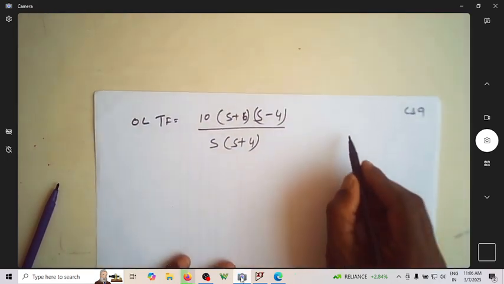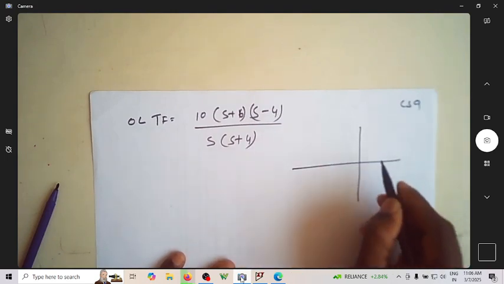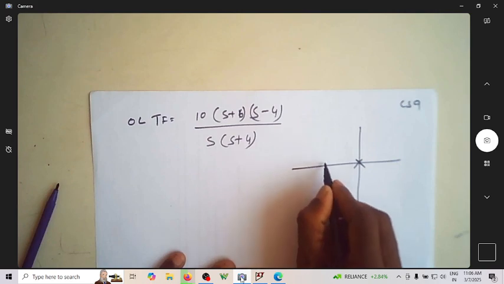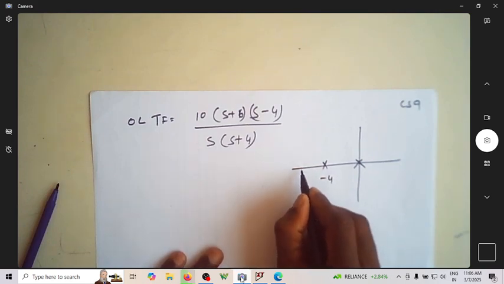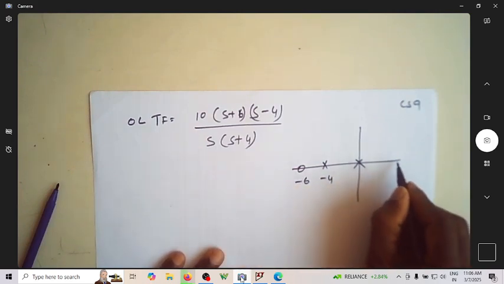Fine. Where are the poles and zeros now? The poles are at the origin and at minus 4, and the zeros are at minus 6 and at plus 4. Am I correct?